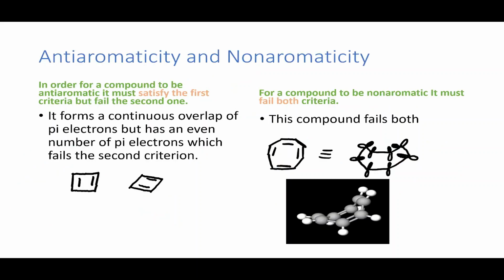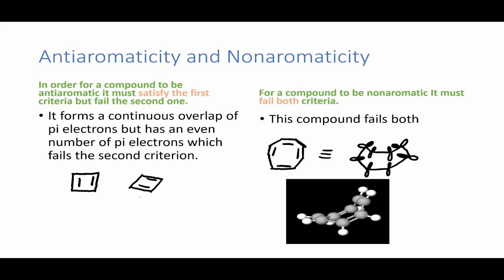Anti-aromaticity and non-aromaticity. In order for a compound to be anti-aromatic, it must satisfy the first criterion but fail the second one. So this compound forms a continuous overlap of pi electrons, but has an even number of pairs of pi electrons, which fails the second criterion. This means that this compound is actually anti-aromatic because it is also planar.